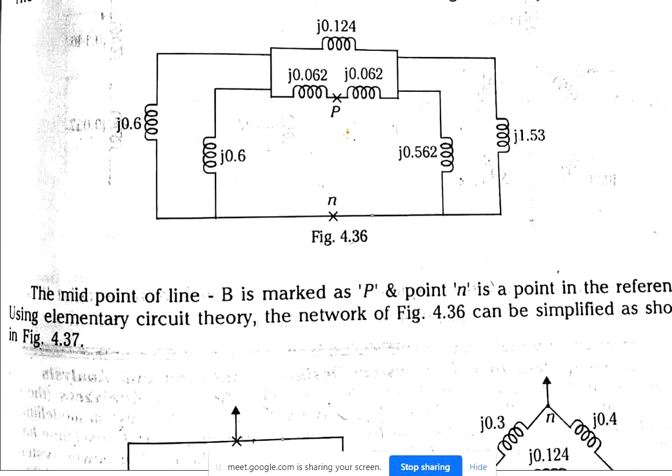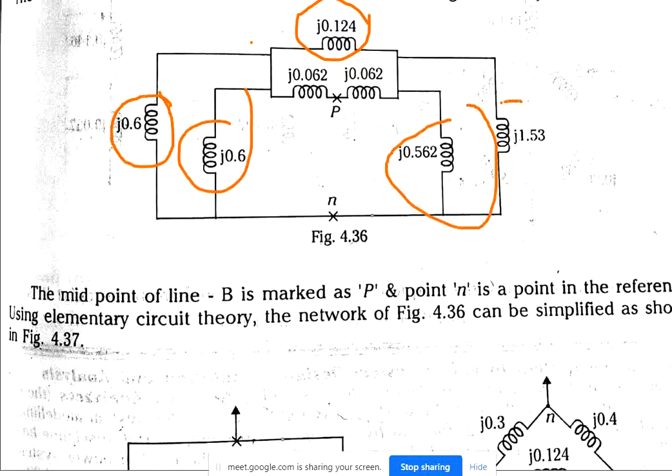So if you check from here, the point B, this and this you will get, and these two transformers will all be added. This transformer and this transformer will be added in series, and only this will be there. So this is the neutral point. That means my generators G1 and G2 will be there, M1, M2 will be there, and the rest of the things are added to this, and here this is the middle point.